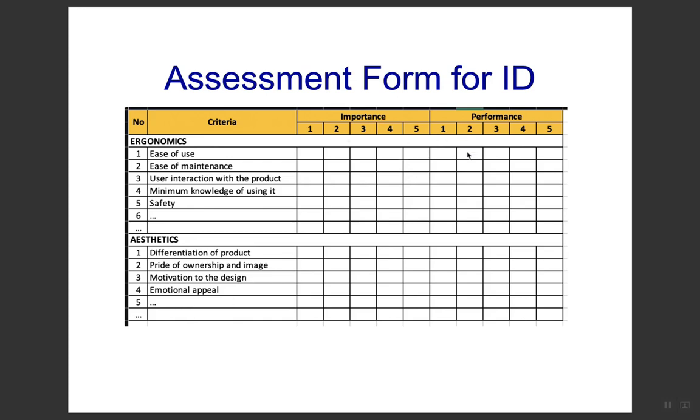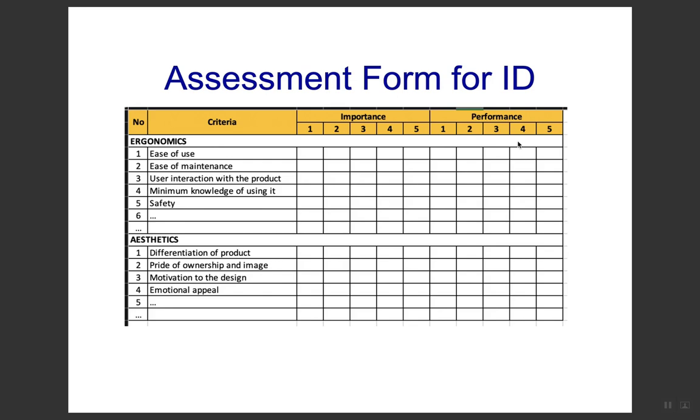And this is the importance and the performance. The importance is to see what the importance is. It means that you can ask the customer or the users what the importance of each criterion is to you. And this is the performance. Performance is done when you have already formed the concepts. When you do concept testing, you have drawings, sketches, a prototype for example, and then you ask the customer about the performance.